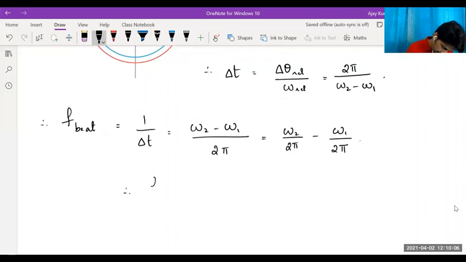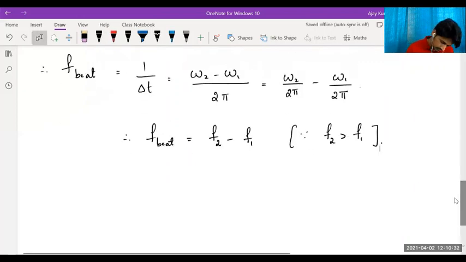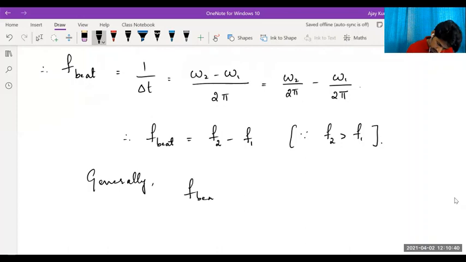So the frequency of beats is equal to f2 minus f1, because we had considered f2 greater than f1. If you had considered f1 greater than f2, you would have gotten the result as f1 minus f2. So generally the frequency of beats can be written as the difference between the individual frequencies of the waves.